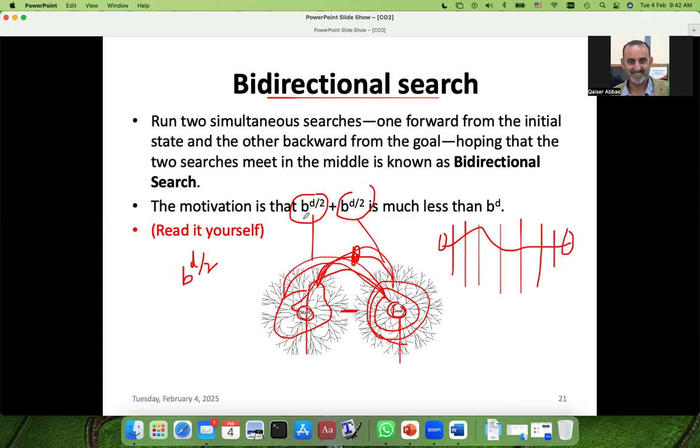If you calculate the final time complexity, you will ignore one term, and then the big O of this algorithm would be B to the D over 2. Yes, this would be the big O for this algorithm. So the time complexity is reduced to half.